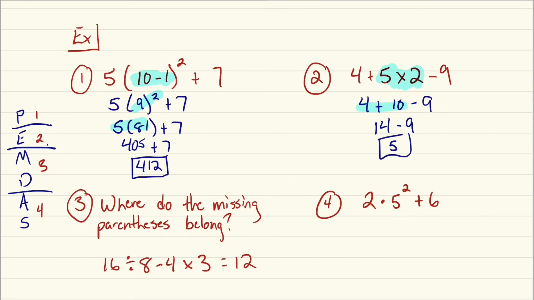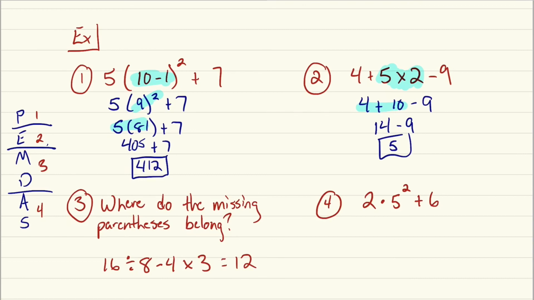All right. So, now that we've done a couple of those, let's move on to question 3, which gives us the question, where do the missing parentheses belong? So, we know that we need to get 12 here. And what do we need to do in order to get 12?